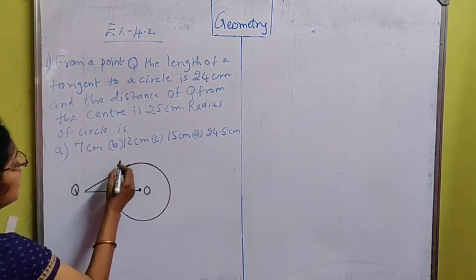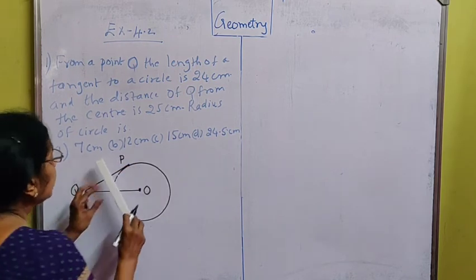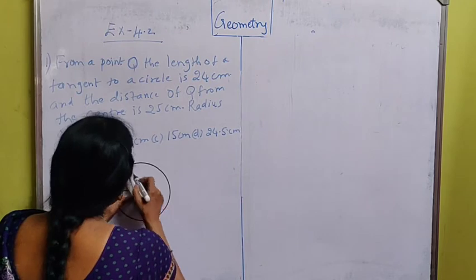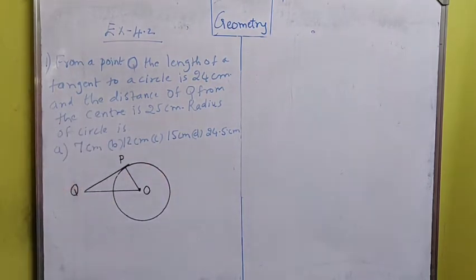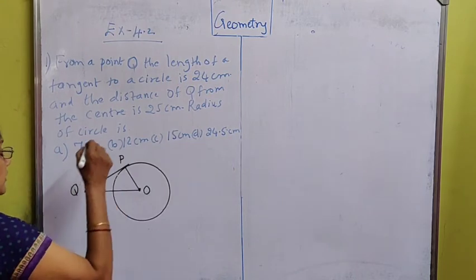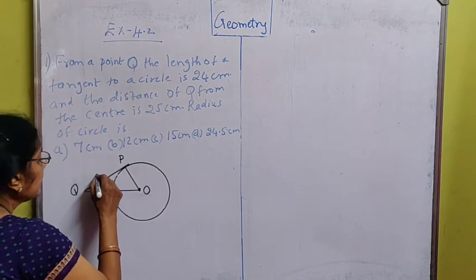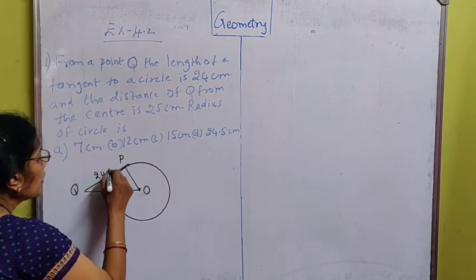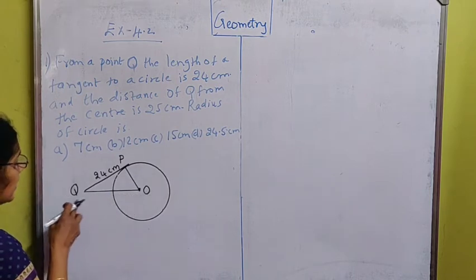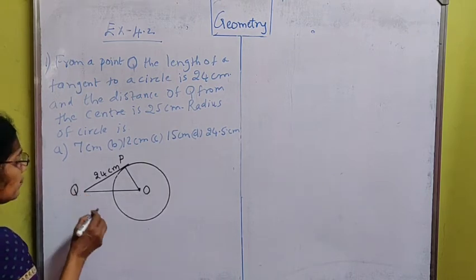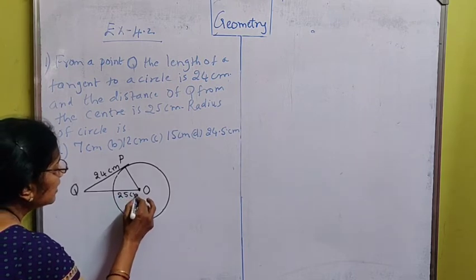So this is a tangent. Let the point of contact be P. So he tells you to find out what is OP. The length of the tangent is given to you. How much is the length of the tangent? 24 centimeter. The distance between the center and the external point is given as 25 centimeter.